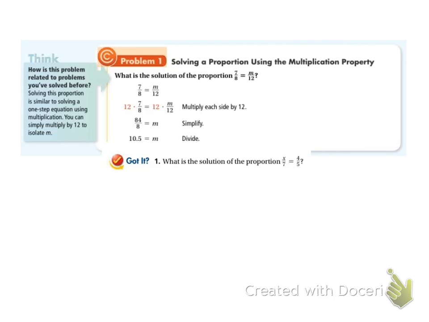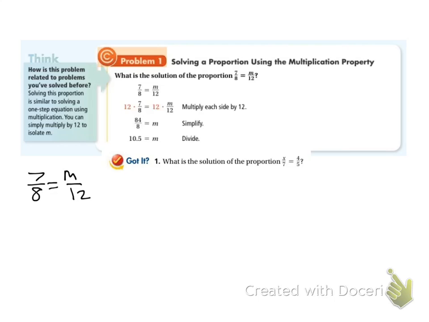Alrighty, so if we do their problem, we get 7 over 8 equals M over 12. Okay, ignore the 7 over 8 for a second. Pretend it's not there. If we were doing just a regular equation, not proportions, and I wanted to get M alone, I would need to multiply by 12 on both sides, right?